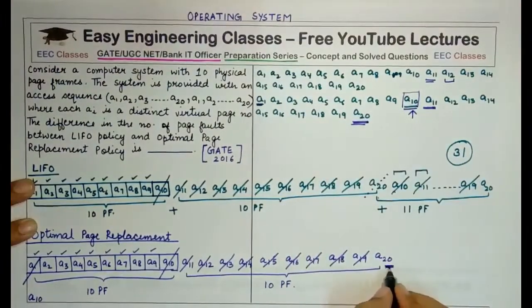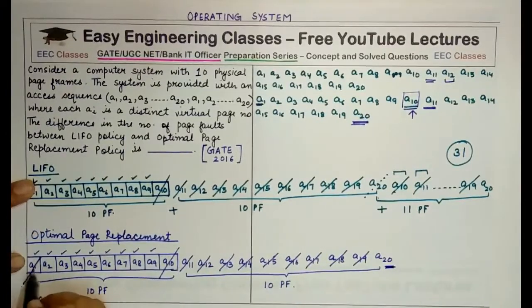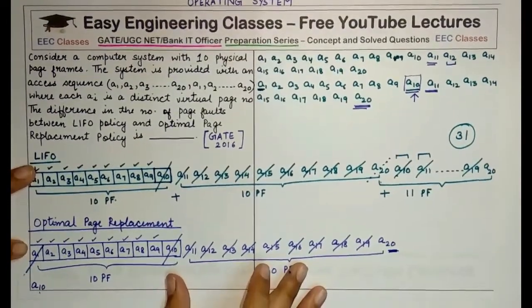So I have to keep this page. I cannot replace this page. I can replace other pages. So I start with A1 because A1 is a candidate for replacement. So I replace it with A10. This would cause a page fault because A10 is initially not present.